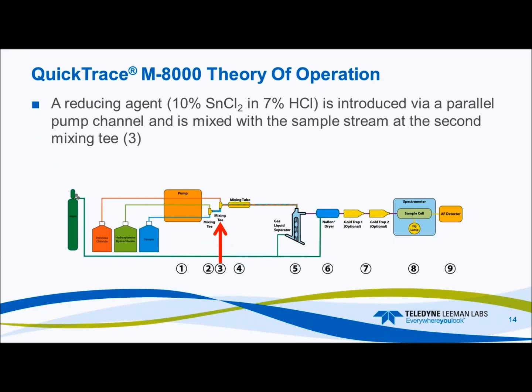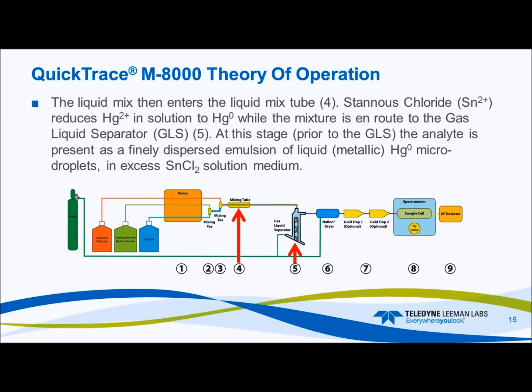And then in the second mixing tee, we introduce the stannous chloride, which in this case is 10% stannous and 7% HCl, by a parallel channel on the pump. That is mixed there, and then from there it goes on to the reaction tube or the mixing tube. And by this time, it's almost instantaneous.